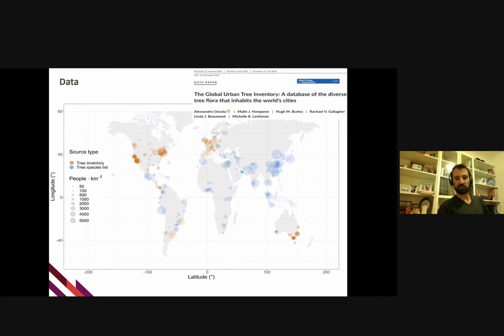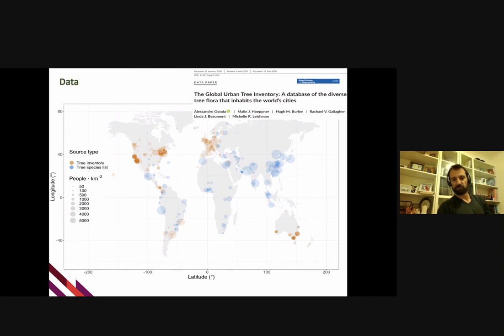As you can see, most of the inventories are coming from developed countries where there is more, I guess, economic availability to go out in the field and count every single tree and measure them and so on. So we have a lot of data from North America, Europe, and of course, Australia.